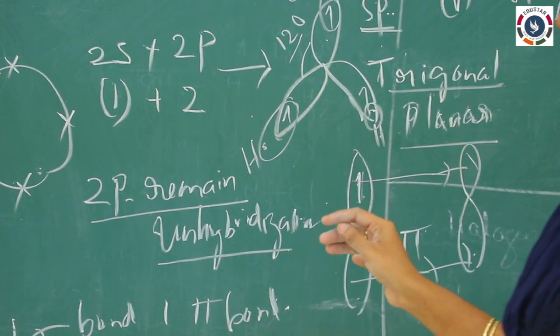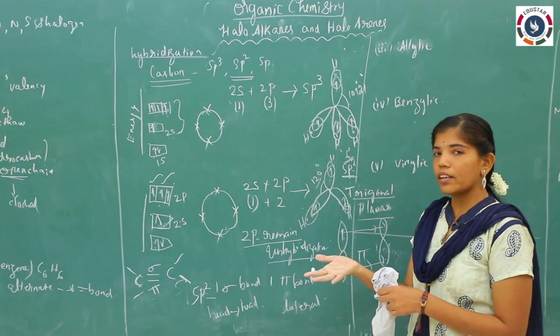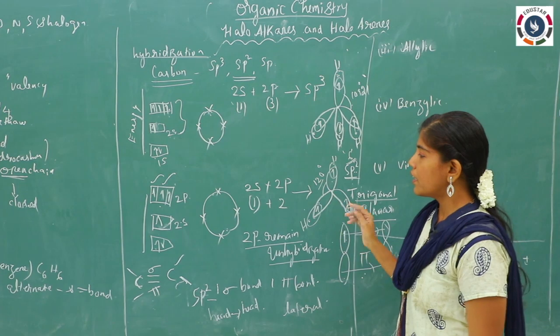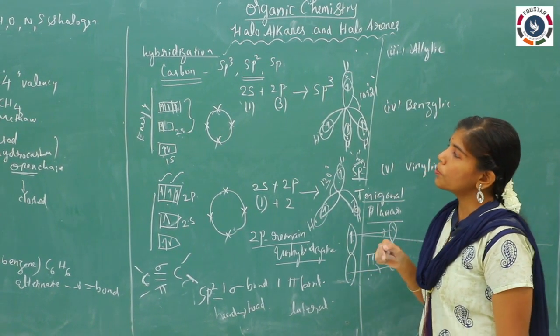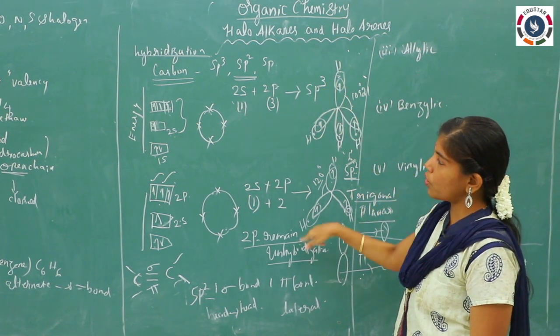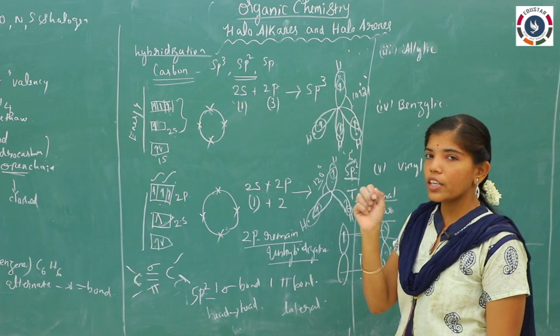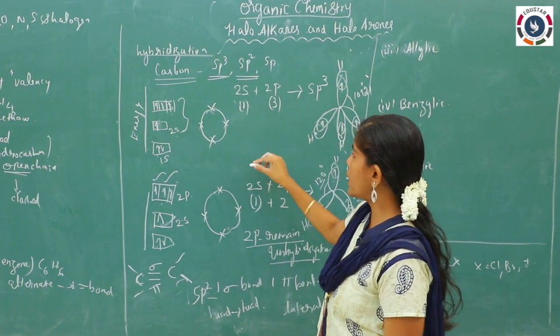You can see this SP2 hybridization as a beautiful diagram in the back cover of your book. Please see it. You can understand it more. I want to make sure that you get an idea of SP3 and SP2 hybridization. So, I am telling you a trick to find out an SP3 hybridized carbon.